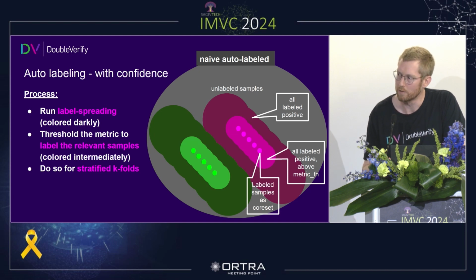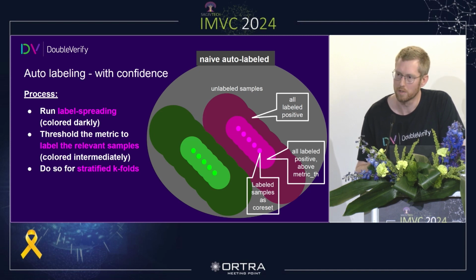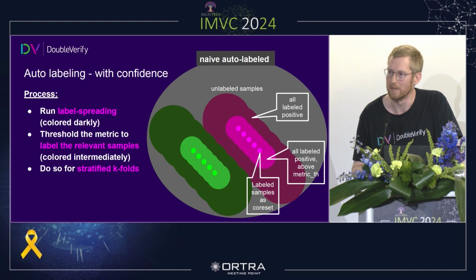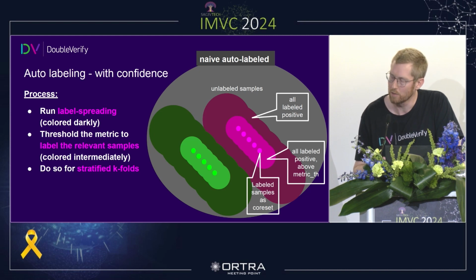The slightly brighter color is the threshold optimized over all the label spreading. But we're going to use a stratified k-fold approach in order to optimize the threshold, in order to minimize the bias in the result.